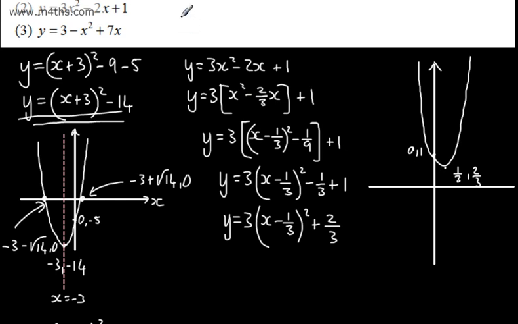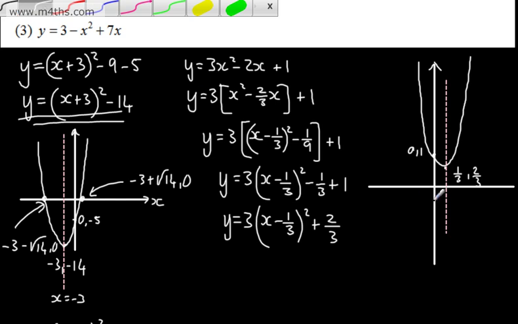We can put the axis of symmetry on. We know that the axis of symmetry is going to be just here, and it's negative b over 2a, or if you like, you can just see now that axis is going to be the value positive 1/3. So x is going to be equal to positive 1/3. Negative b over 2a just here is going to give us that value.